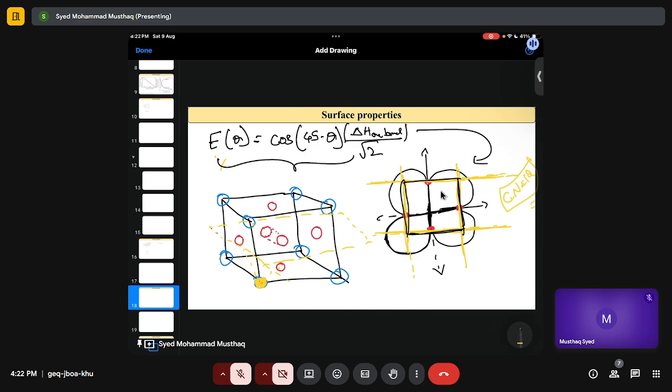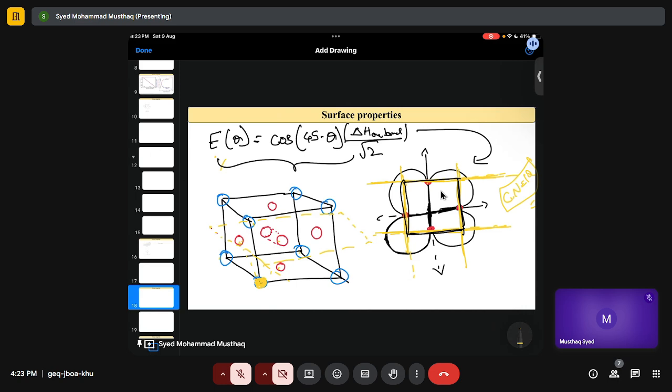For BCC, you have coordination number 8. Because the coordination number has changed, if I cut the surface in the horizontal direction, it will not be 1, right? Because I have lost 1, 2, 3, 4, 5 bonds.